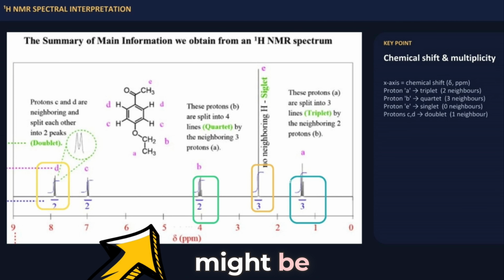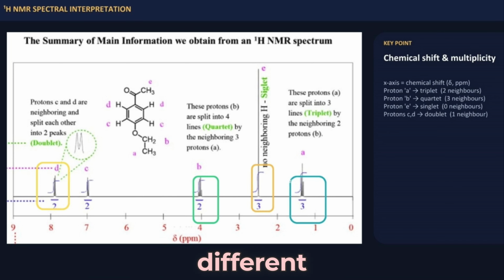Now, this might sound a bit theoretical, but let's simplify it. Just like in IR spectroscopy, different functional groups absorb at different energies, right? The same idea applies here. Different types of protons, depending on their chemical environment, appear at different positions on this x-axis.